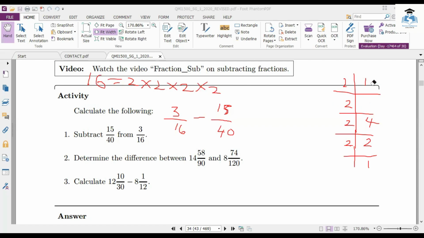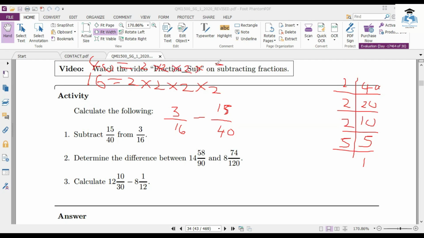Then for 40, 2 into 40, 20. 2 into 20, 10. 2 into 10, 5. 5 into 5, 1. So for 40, we've got 2 times 2 times 2 times 5.